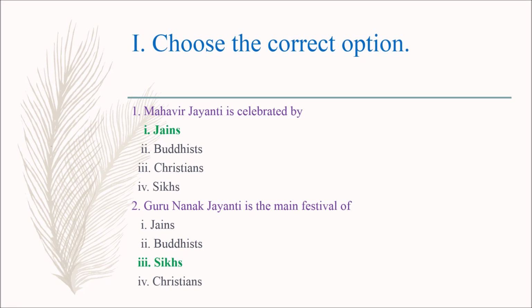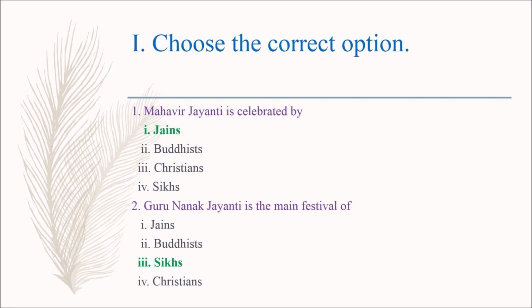The first question is that Mahavir Jayanti is celebrated by option 1 Jains, option 2 Buddhist, option 3 Christians, option 4 Sikhs. So the correct answer is option 1 Jains. Question number 2. Guru Nanak Jayanti is the main festival of option 1 Jains, option 2 Buddhist, option 3 Sikhs, option 4 Christians.